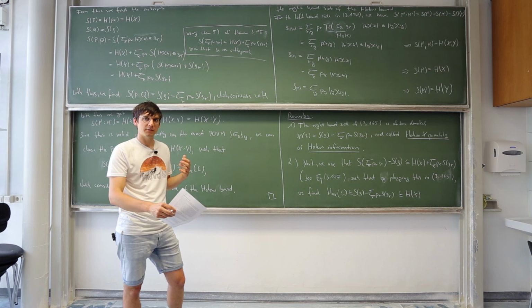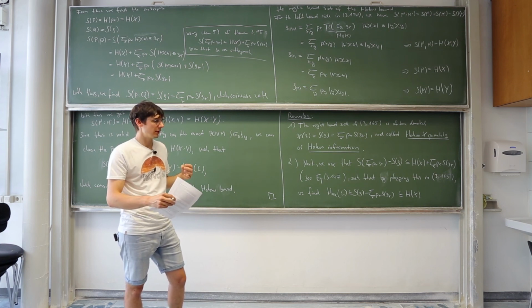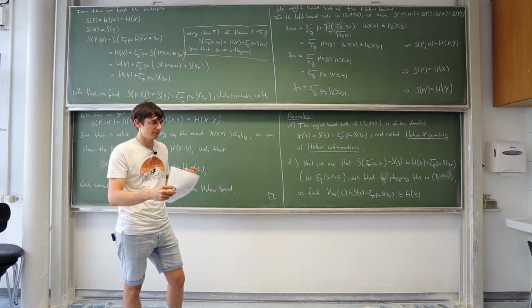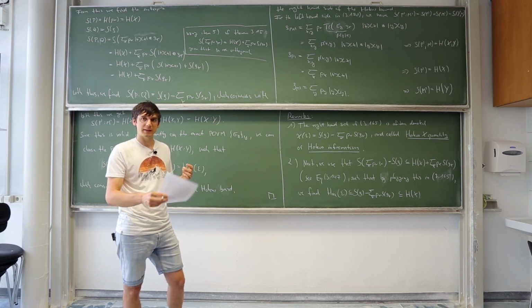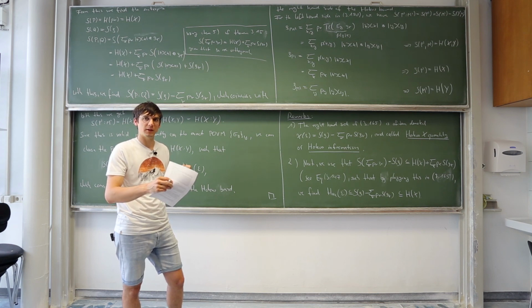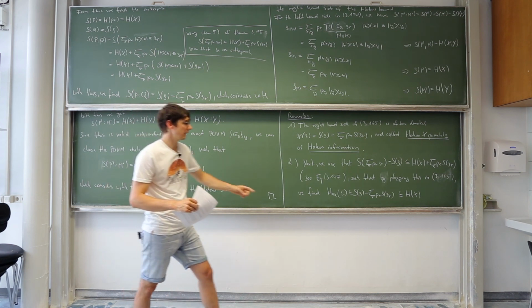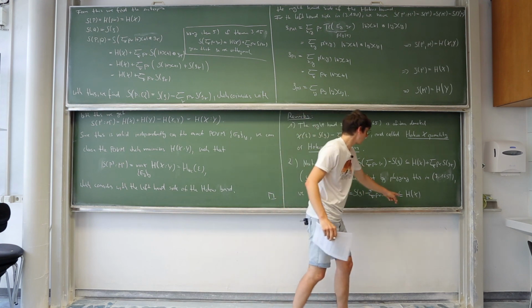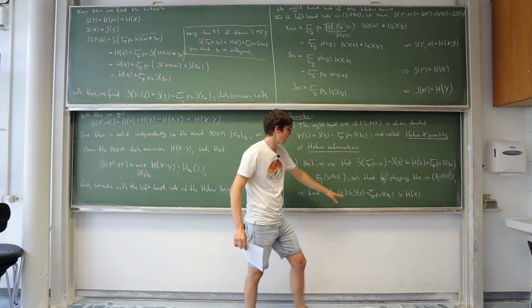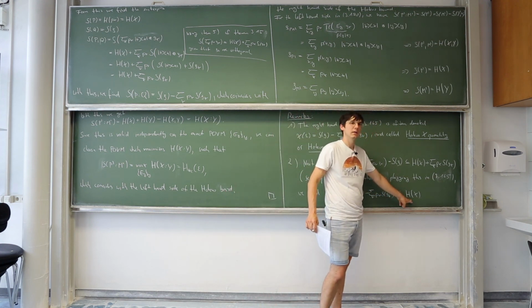And if the mutual information between x and y is equal to h of x, then Bob has full information about the random variable x. And this is what we get now here, that the accessible information is always bounded by the full information.